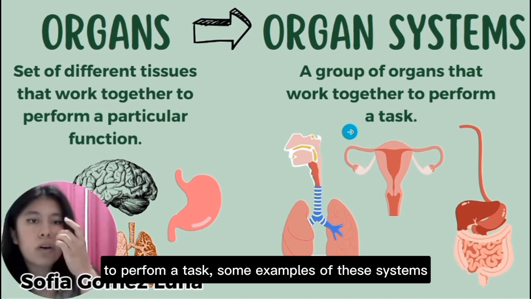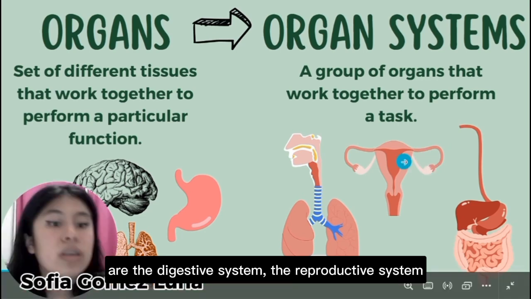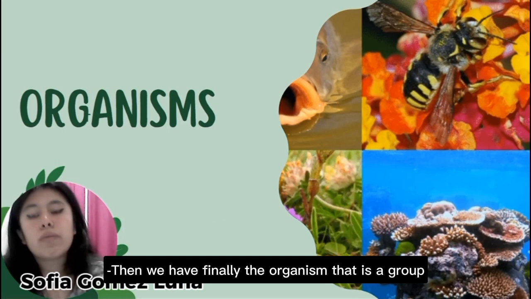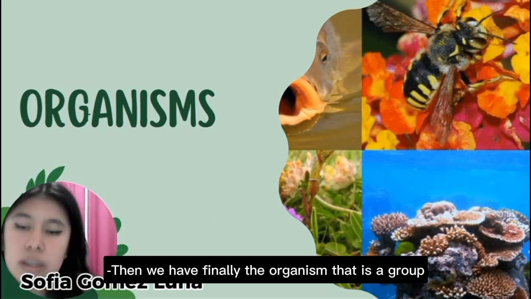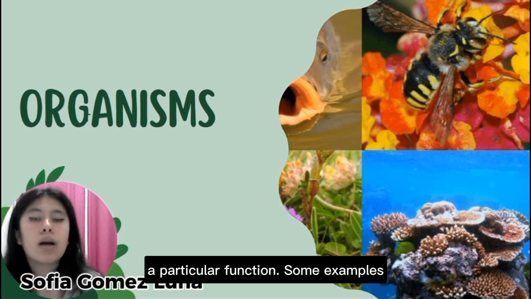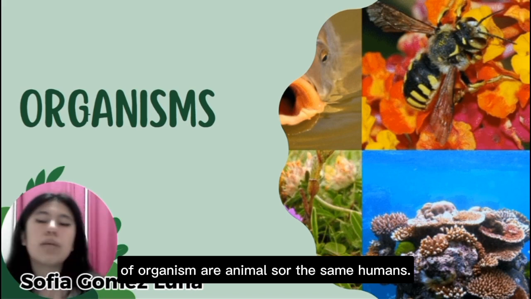Some examples of these systems are the digestive system, the reproductive system, and the respiratory system. Then we have finally the organisms, a group of organ systems that work together to perform a particular function. Some examples of organisms are animals or humans.